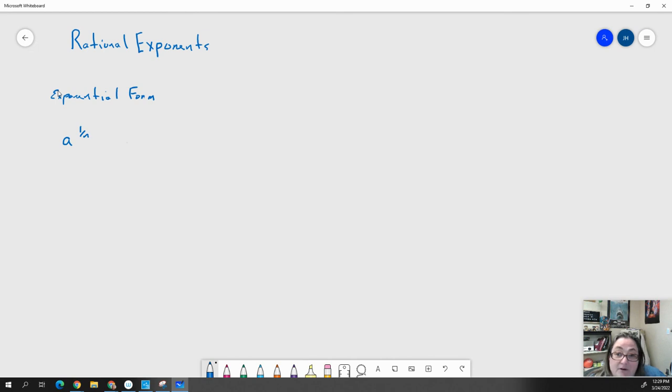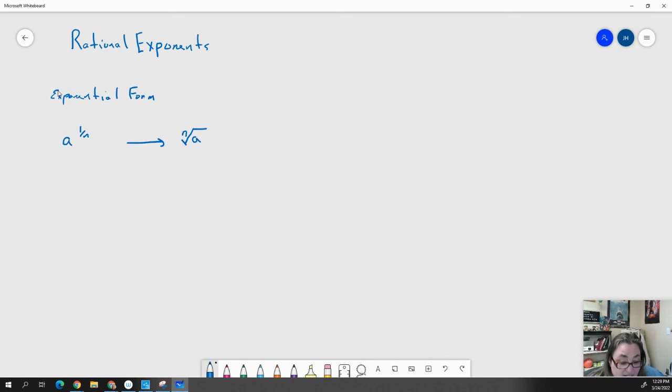And if I want to convert that to radical form, I would write that as the index is n, so the denominator is the index, and it's the nth root of a.